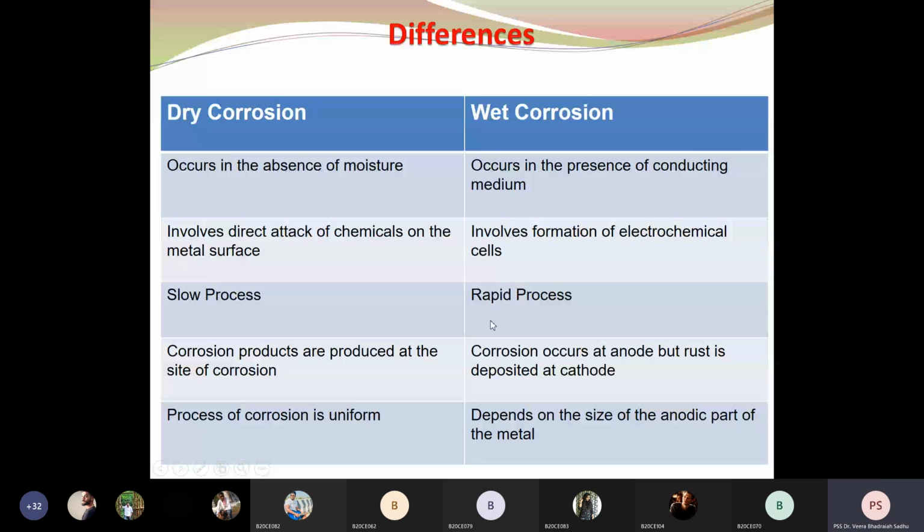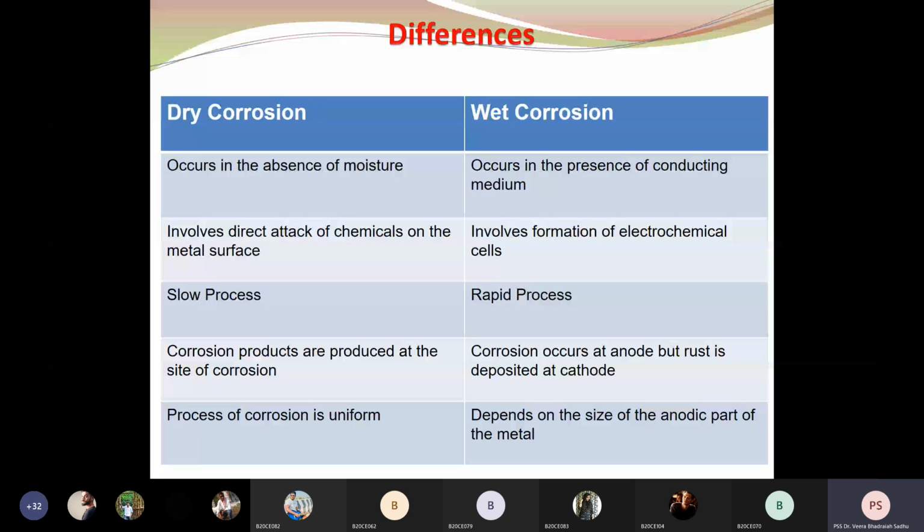In wet corrosion, the corrosion products are deposited at the cathode. In the dry corrosion process, the corrosion is very uniform, but in electrochemical corrosion, it depends on the size of the anodic part of the metal.